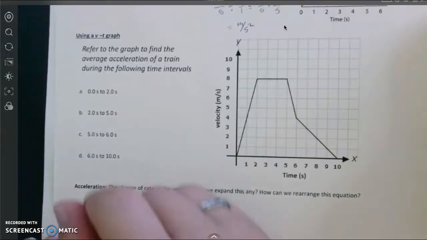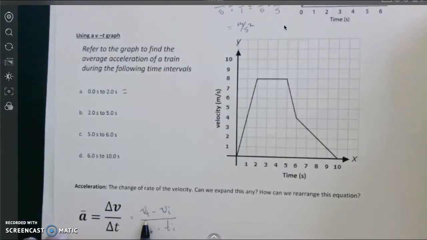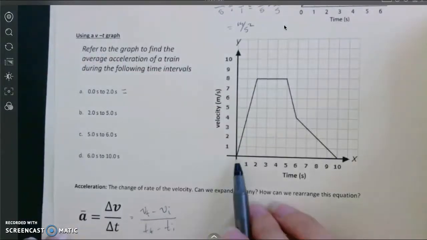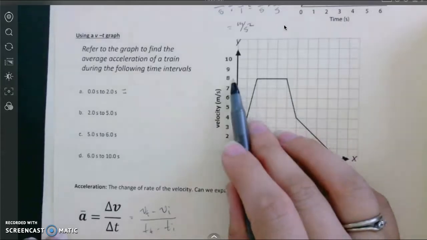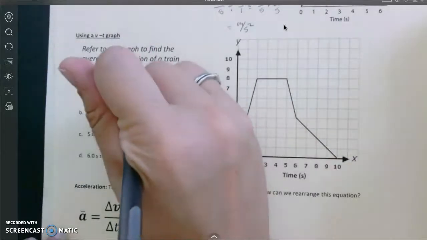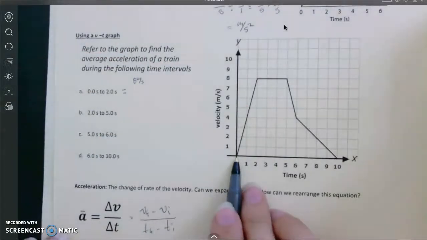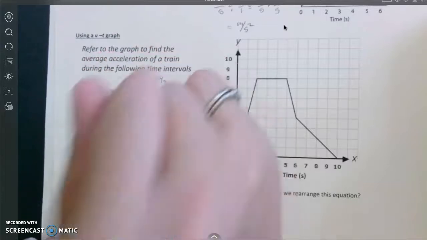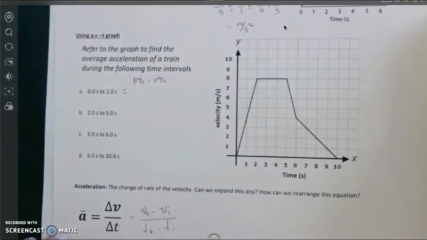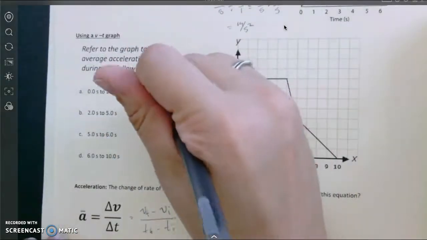Okay, so if I take this equation that I have here, I'm just going to say, okay, velocity final when I'm looking from 0 seconds to 2 seconds. Well, my final velocity there is 8 meters per second. My initial velocity for that time interval is 0 meters per second. And then I'm going to divide this, and I could say that is 8.0 and 0.0.